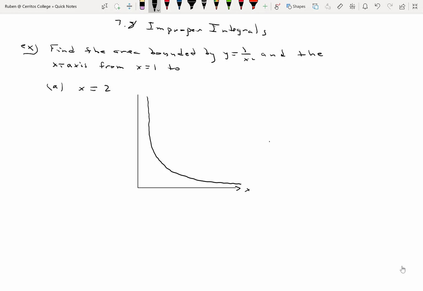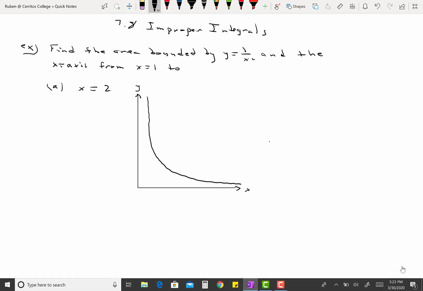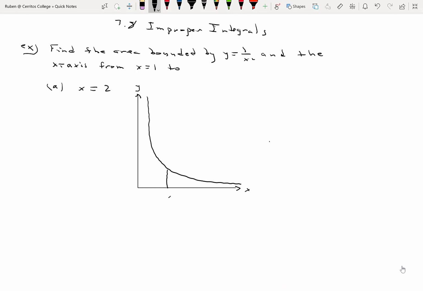It's a function we've looked at many times since pre-calculus, and I want the area from x equals 1 to x equals 2. Remember that we want the area bounded between the x-axis and a non-negative function, that is, a function that lies above the x-axis.